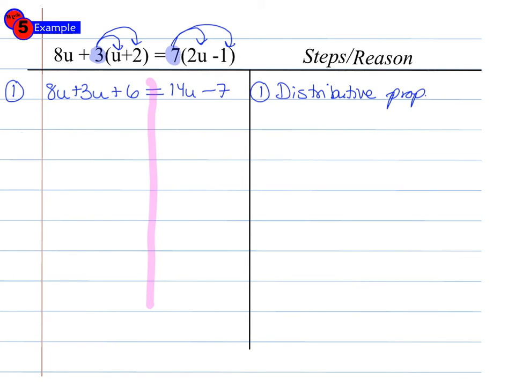Okay, so next step would be combine like terms. I'm going to combine these two like terms. If you notice on the right side, these are not like terms, so there's no combining. So I'm going to have 8, 9, 10, 11u plus 6 is equal to 14u minus 7. And again, that was combined like terms.